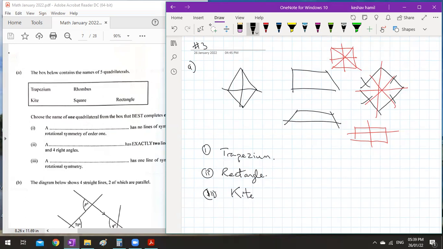I'll check that one for you and get back to you on that. But most likely what I'm thinking is kite, because the kite can have two long lines to the top, two short lines to the bottom, or the other way around. So you only have one line of symmetry down the center. So yeah, the answer is kite.